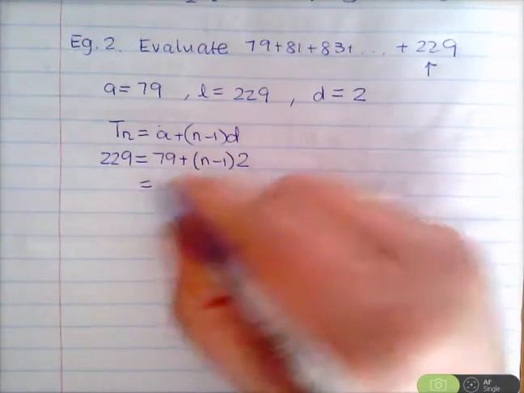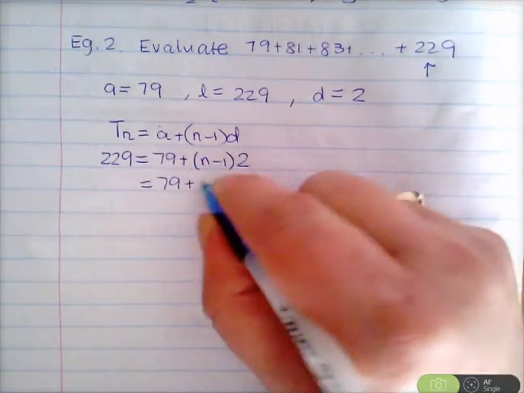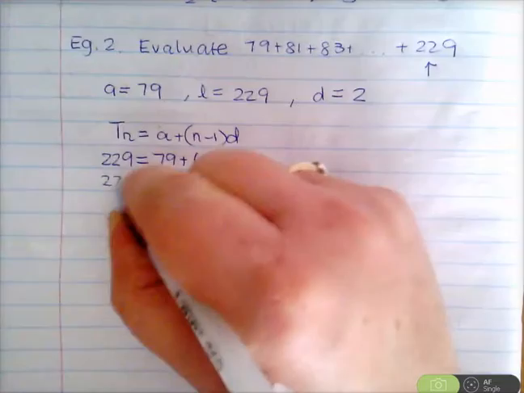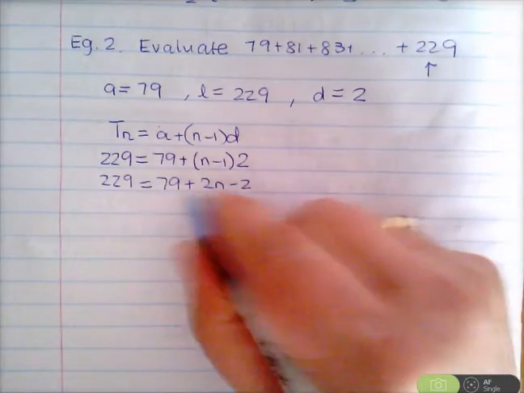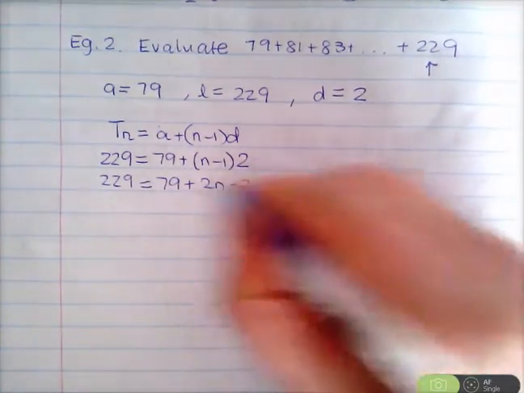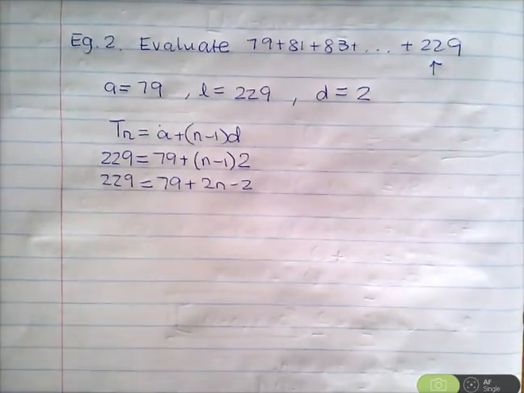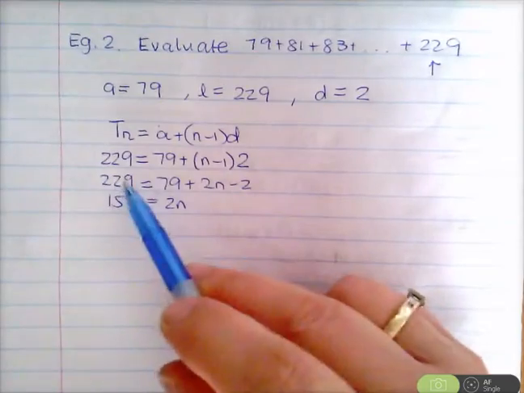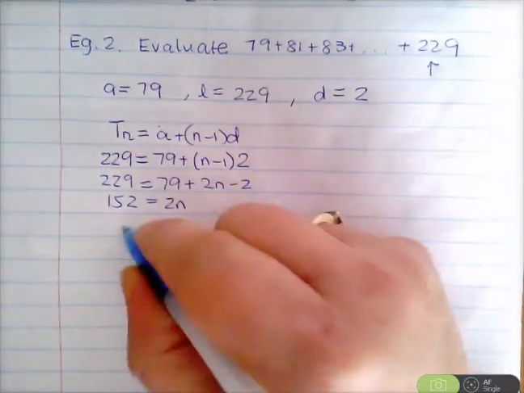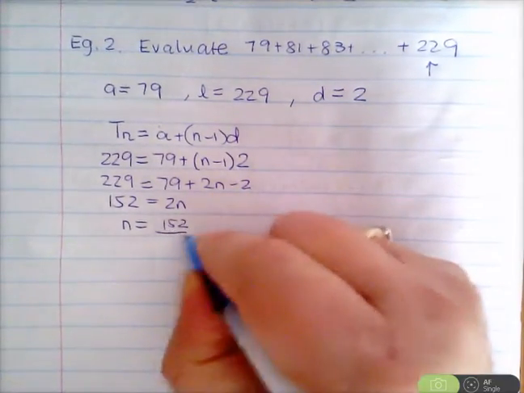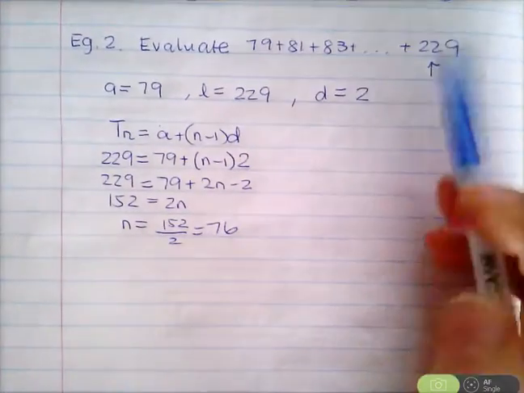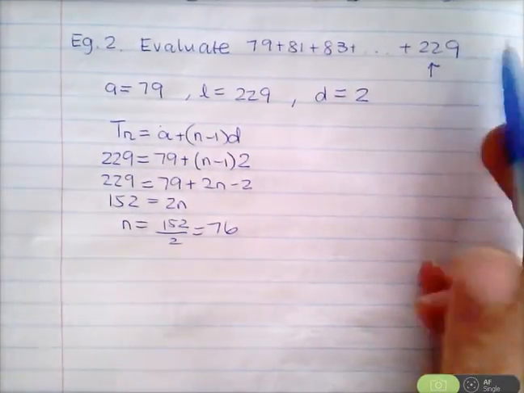So we've got 79 plus 2n minus 2 equals 229. And 79 minus 2, that's 77, taking that over and solving, 229 minus 77 is 152. So n is 152 divided by 2, which is 76. So therefore, this is the 76th term.